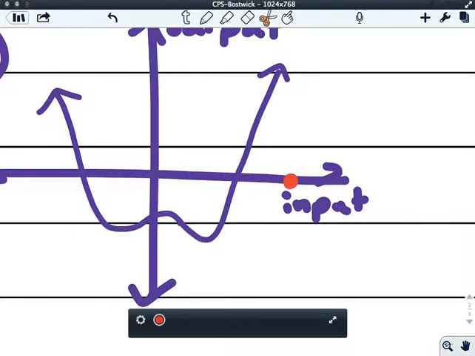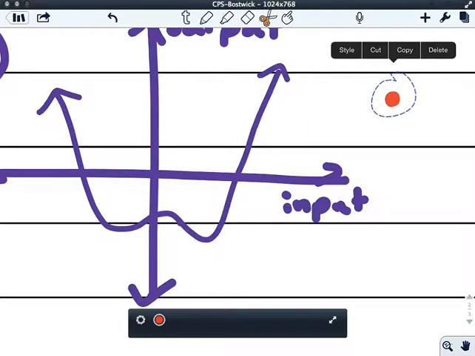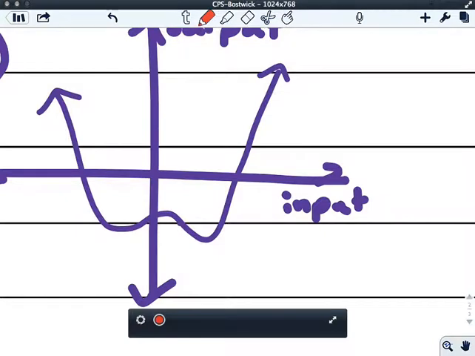If I choose this input over here, it maps to just this output on the graph. And so the way that we shorthand that often is to say that we have a graph that passes the vertical line test. And so what that shows us is that anywhere that you pass a vertical line along this graph, a single output is assigned to each input.